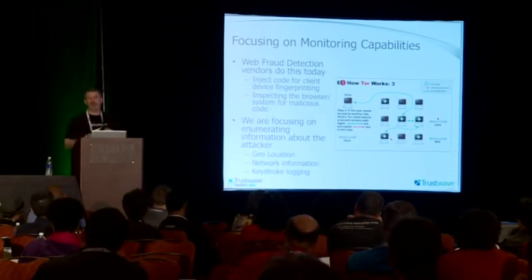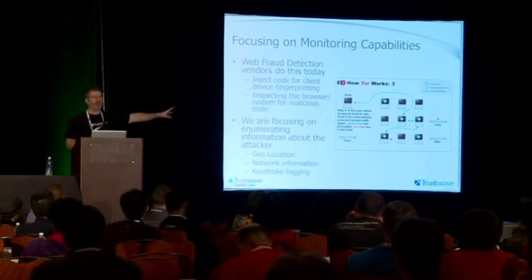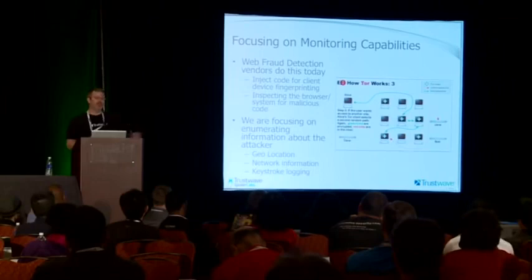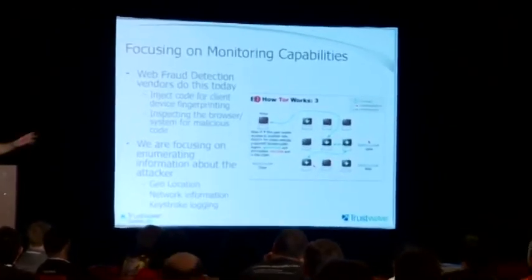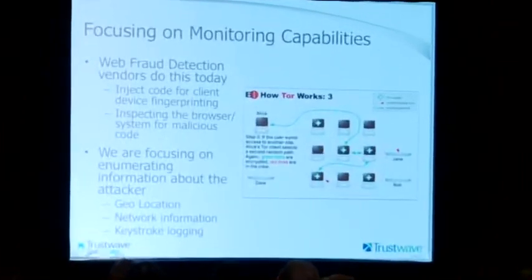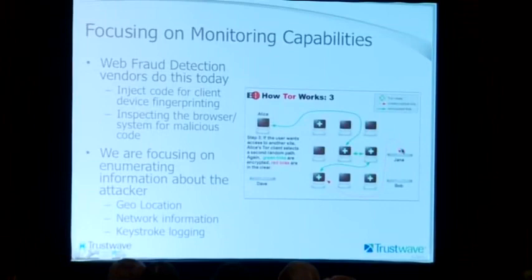From my perspective, what's really cool, because this has been a big frustration of mine, is looking on the graphic on the right-hand side, something like Tor. If somebody's going to manually attack your site, they're not going to do it from their home system and go directly to your site, or they're not going to be hacking very long. So what's interesting here is if you look at that graphic, if you assume here that Alice is attacking in a browser, and here we have our setup with ModSecurity and BeEF, that hook and that code is going to traverse all the way back through Tor until it gets into their browser.